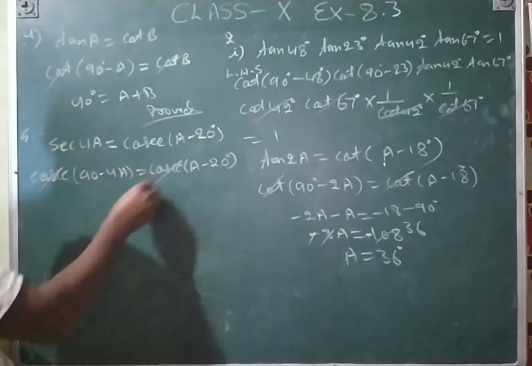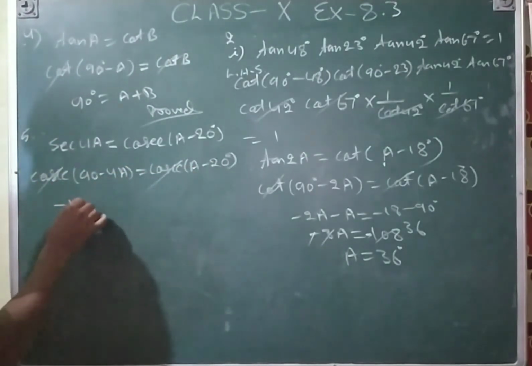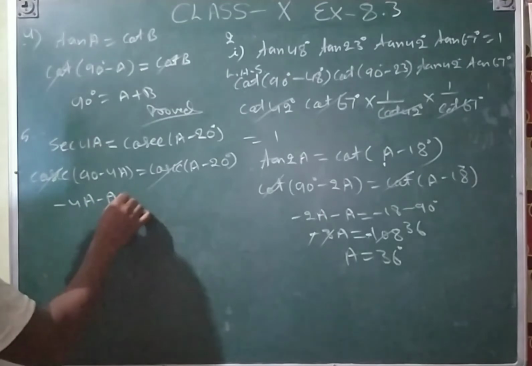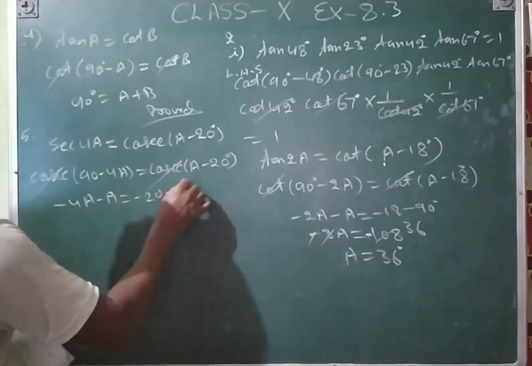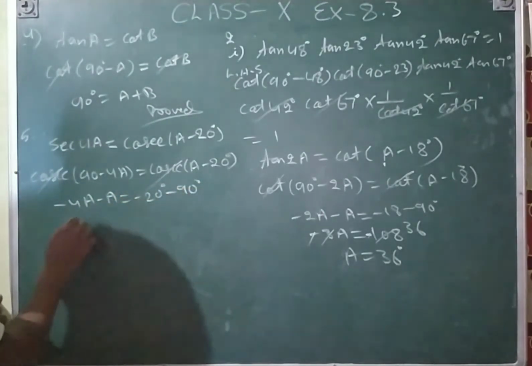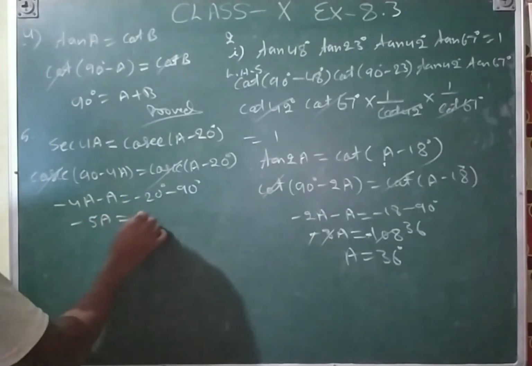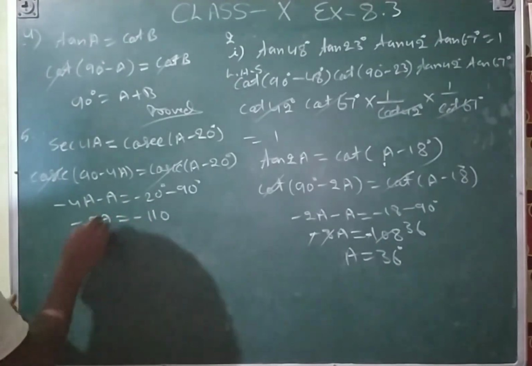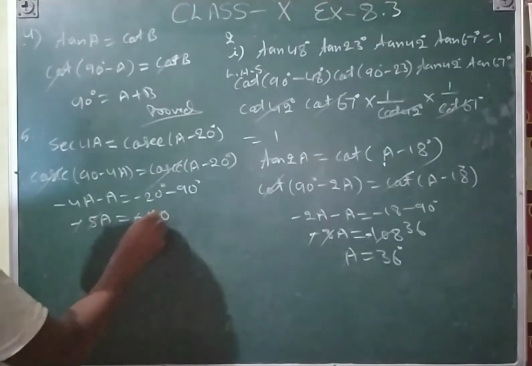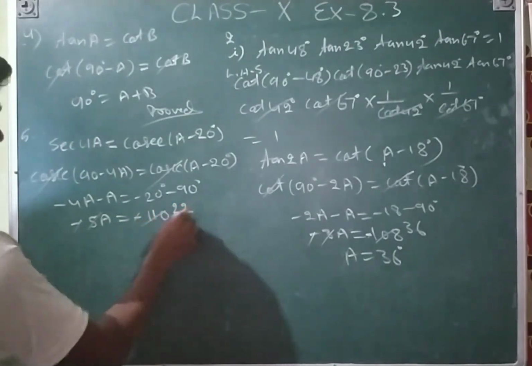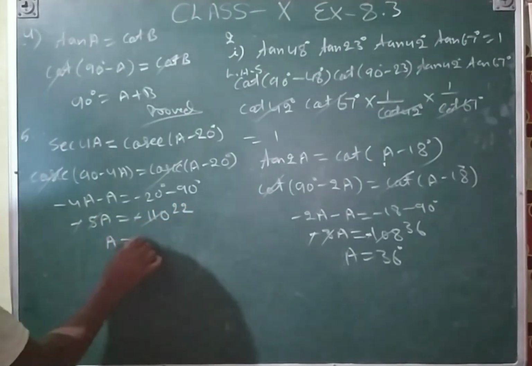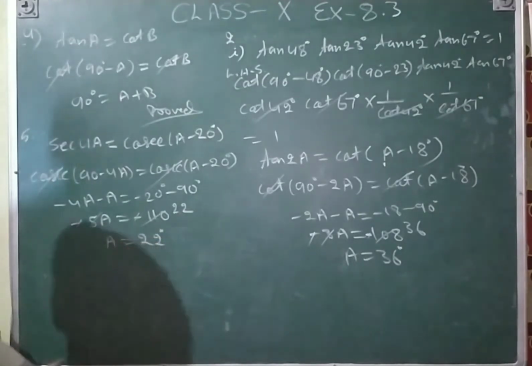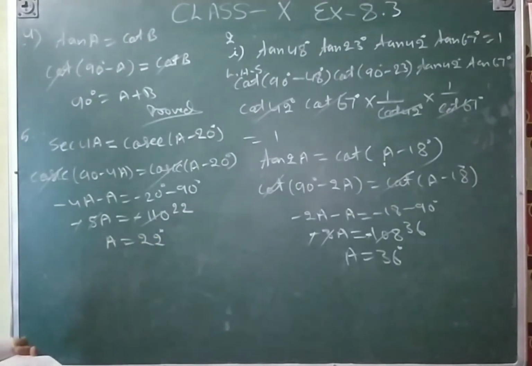So cosec cancels with cosec. So minus 4a minus a is equal to minus 20 minus 90. So minus 5a is equal to minus 110. Minus cancels with minus, and 5 twos are 10, so a is equal to 22 degree.